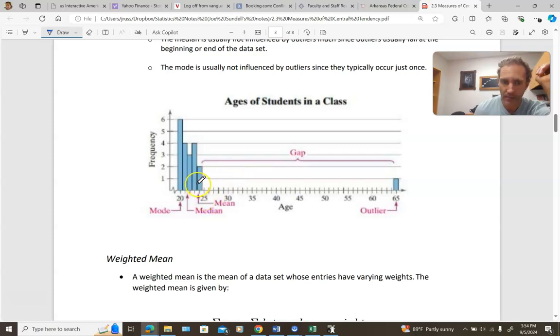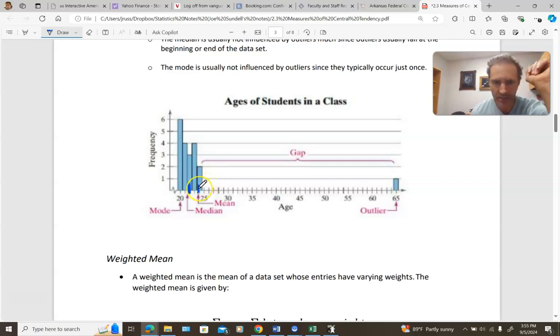And notice what happens. Just by looking at this portion of the data, you would think the mean would be right here in the middle, okay, right there. But because of this outlier, that actually shifts the mean to the right. So now it's way over here, it gets pulled. And so it gives us an unrealistic idea of what the average age is.